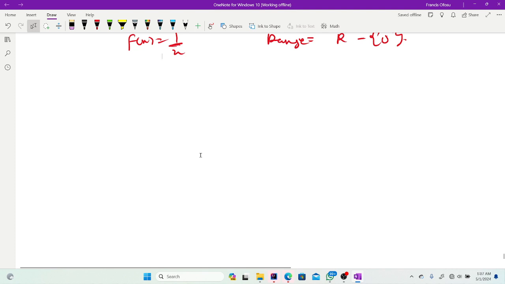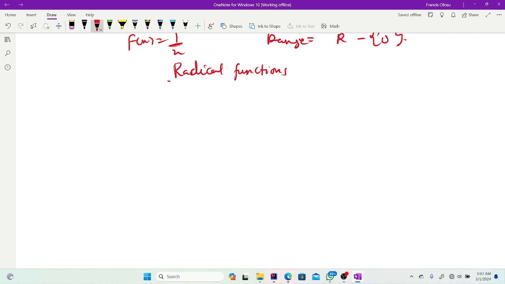So let's see something with a radical. Radical functions. For radical functions, an example is f of x is equal to the square root of x, where p is equal to 1 over 2, right? That is a radical function.